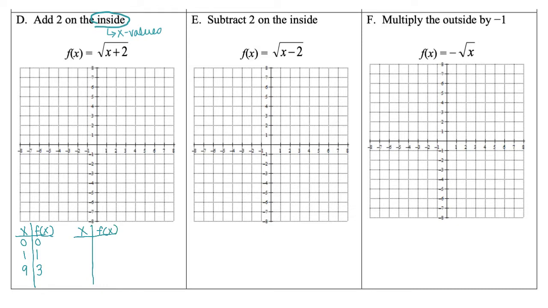Okay, so again, looking at this, since our y values should stay the same, we can go ahead and copy 0, 1, and 3 over. Those are going to stay the same. And notice what it's telling us to do. We need to add 2 on the inside.